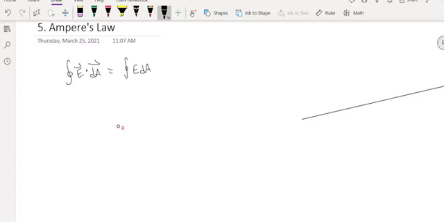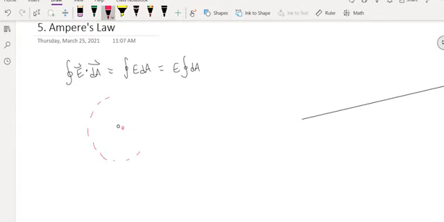Then we could pull that constant E out, and we'd only have to evaluate the surface area of a three-dimensional shape that we choose. So we have to choose a shape whose area we know. Here is such a surface.